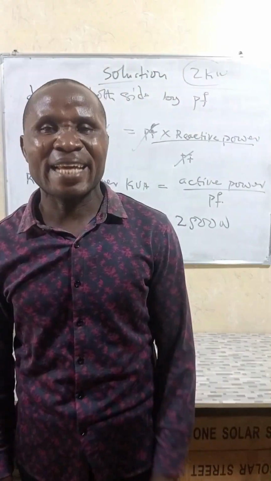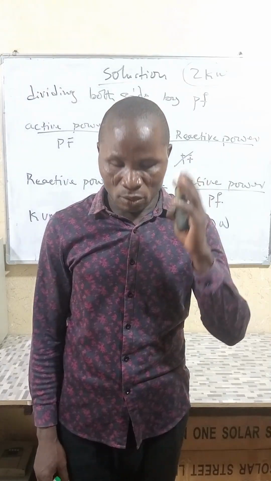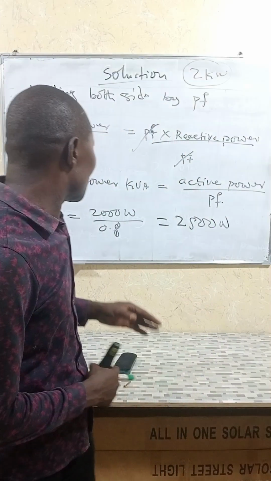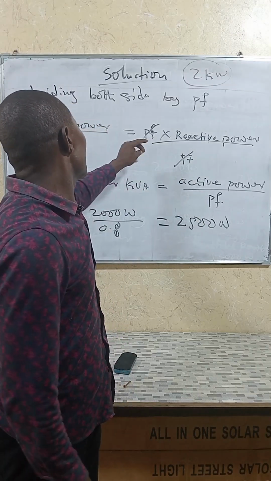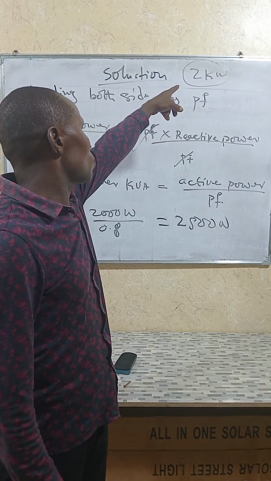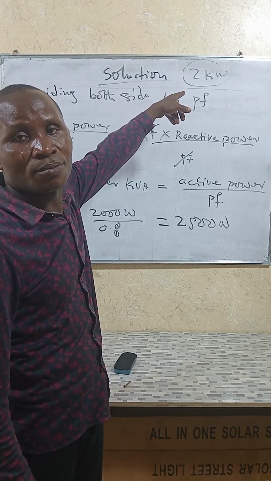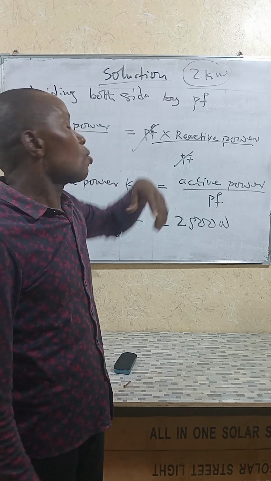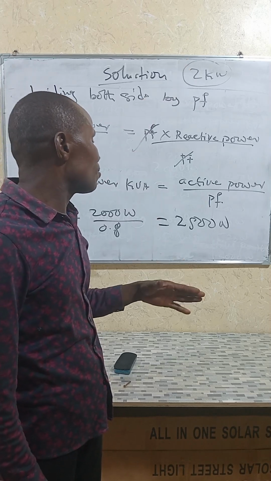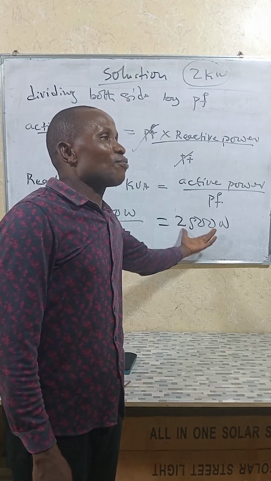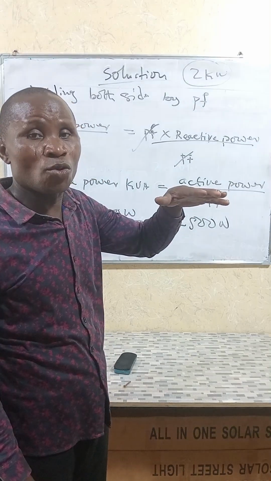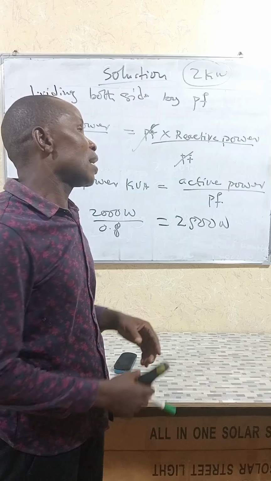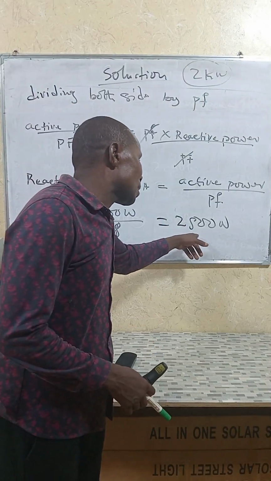Therefore, to get the exact inverter that will carry the load, you have the total load of 2 kilowatts. Now, to size the inverter based on this power factor and the efficiency of the machine, there is a tolerance that we need to add.